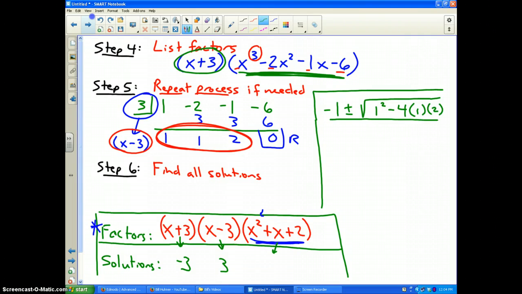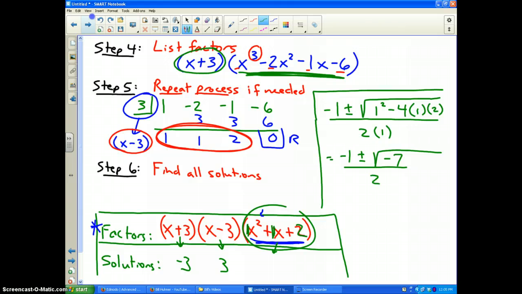The whole thing divided by 2 times a, which is 1. Again, I'm using these numbers right here, 1, 1, and 2, for that problem right there, because I got to figure its solutions out. All right, well, again, you know how to do this, so I'm going to shorten the video, and I'm just going to tell you this becomes the square root of -7 all over 2.